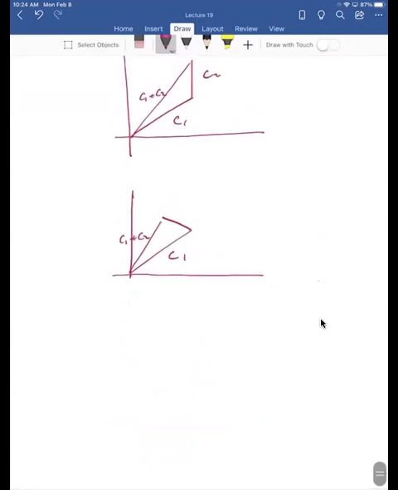And if I have many complex numbers, so let's say I have 10 complex numbers, so I add them like this: 1, 2, 3, 4, 5, 6, 7, 8, 9, 10. You see, the net result is this. So this is the sum of complex numbers.